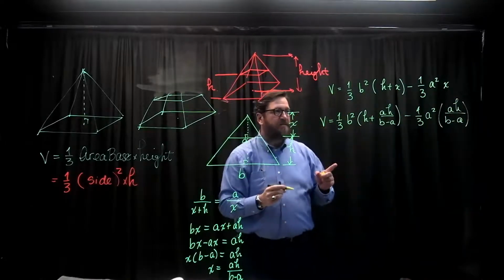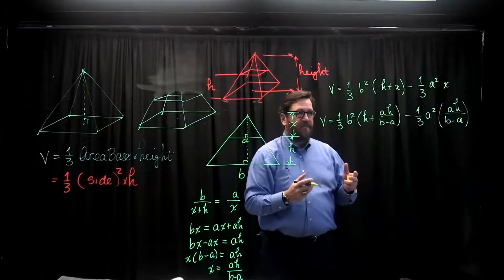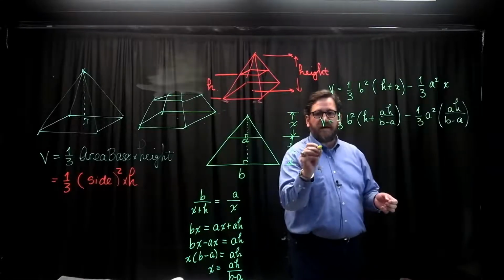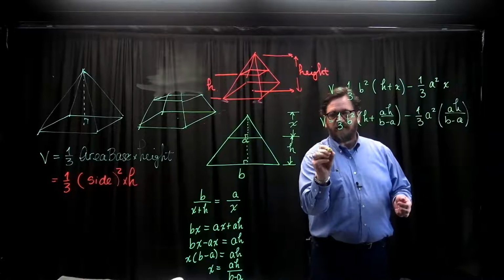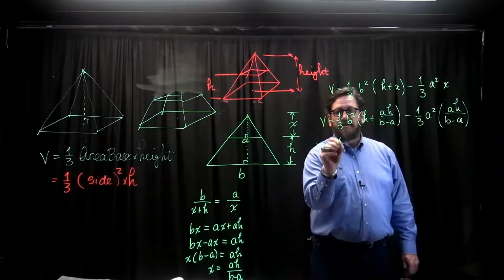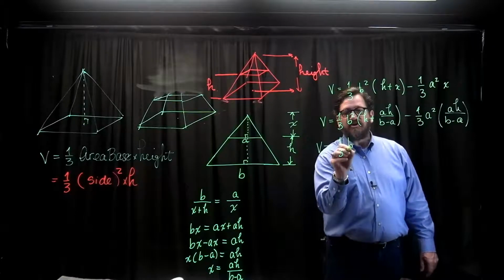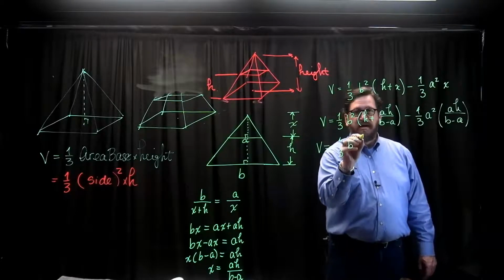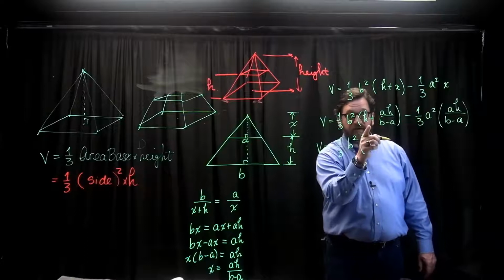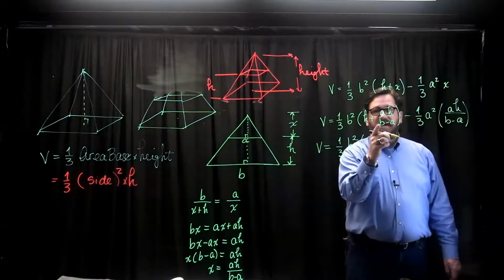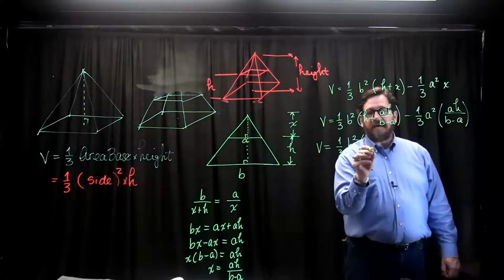Now this is nice, and you may not think about it yet, but I think we're going to see something pretty come out of this. So the volume of a truncated pyramid is going to be 1/3, and before I distribute the b squared, I'm going to get a common denominator in this piece right here. So I'm going to have b minus a.